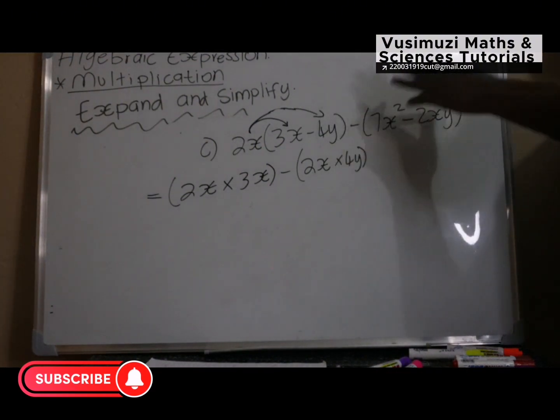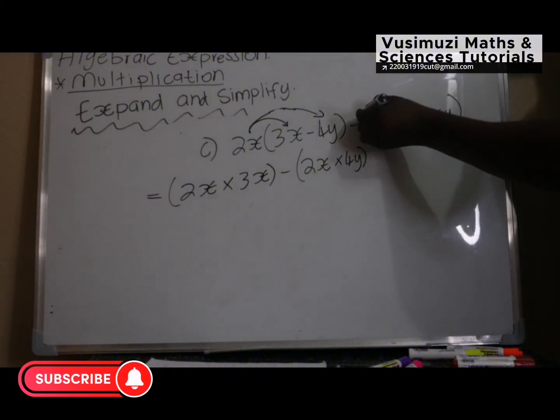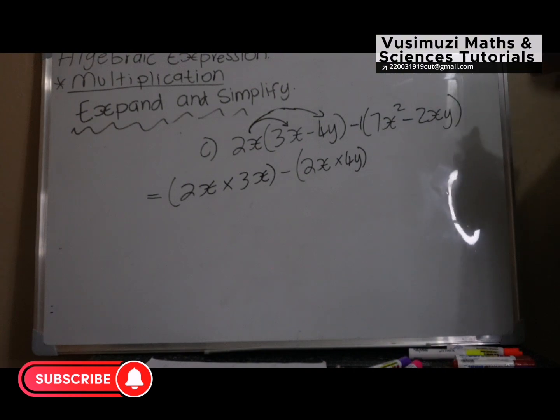Then here you've got minus. As long as you've got a negative or positive sign between two brackets, we've got an invisible negative 1.